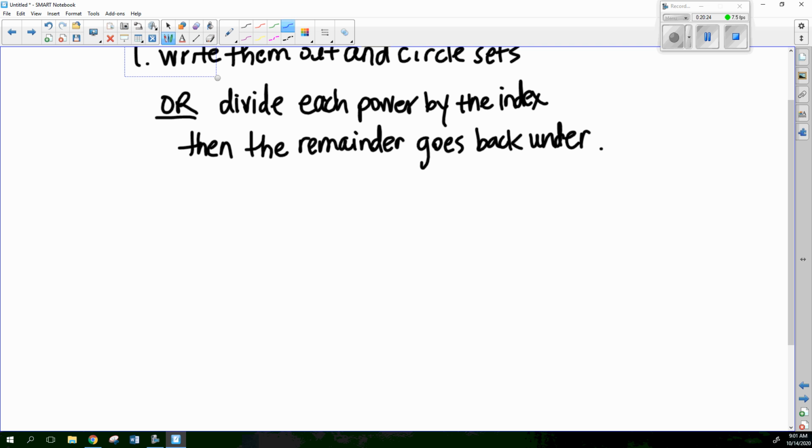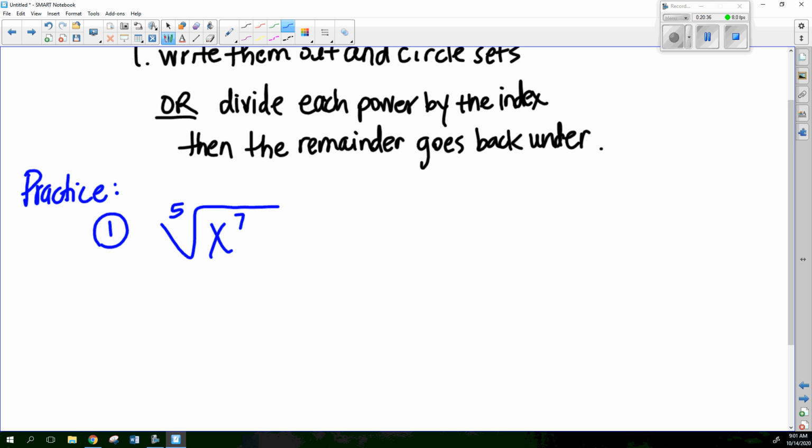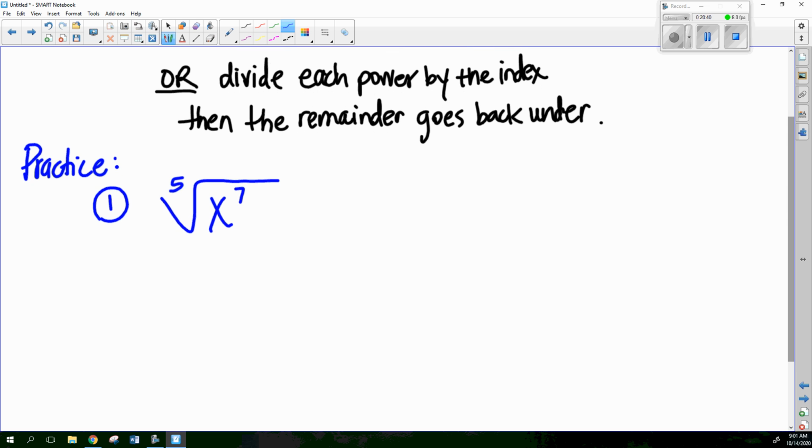Okay, so practice. And we'll make it pretty straightforward and basic. One letter right now. Fifth root of x to the 7th. All right, so first of all, what do I mean by write it out and circle sets?